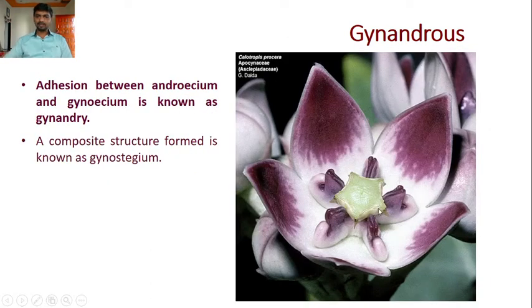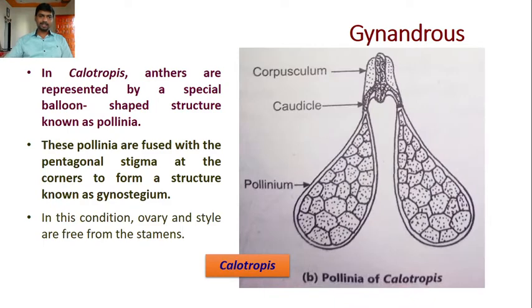In this slide also we found that the pollinia were attached at the corners of the pentagonal stigma. So it forms a composite structure called the gynostegium.